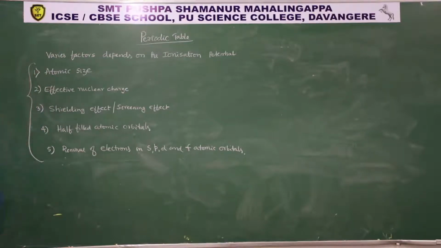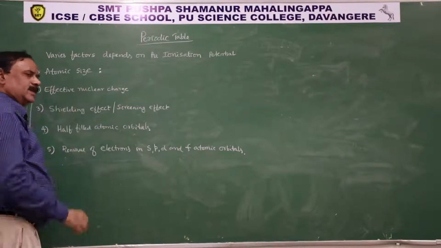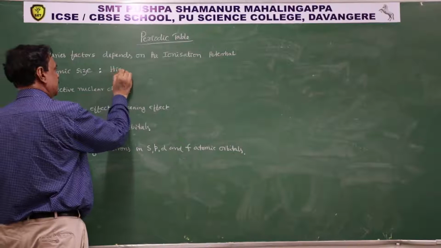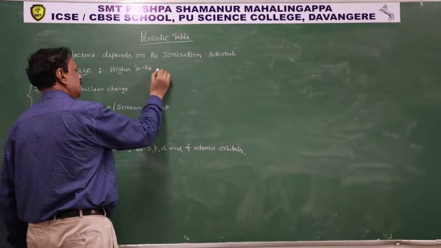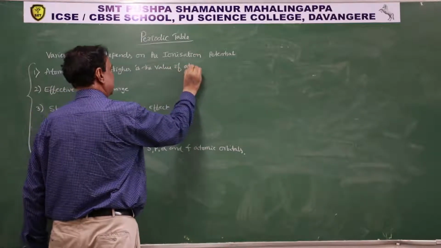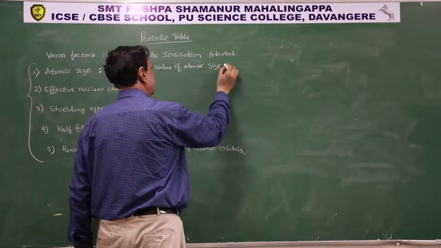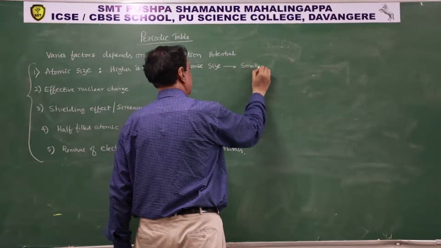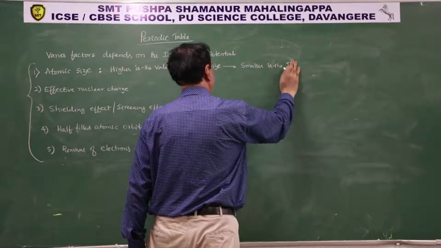Now what do you mean by atomic size and how is it related? The higher the value of the atomic size, the lower the value of the ionization potential, or ionization energy.